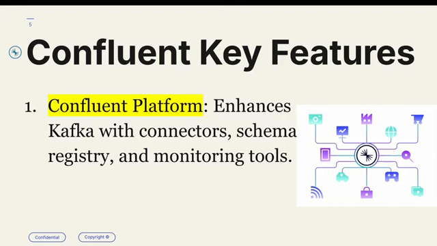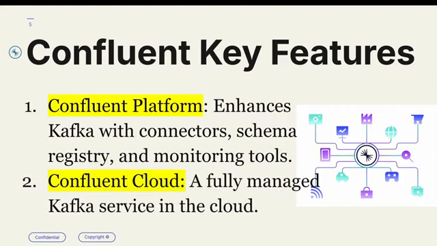This will simplify troubleshooting and cluster management. And after that we have Confluent Cloud. This is a fully managed Kafka service in the cloud. The main thing is that Confluent Cloud is a fully managed and cloud-native Kafka service available on major cloud providers, that is AWS, Azure, Google Cloud.